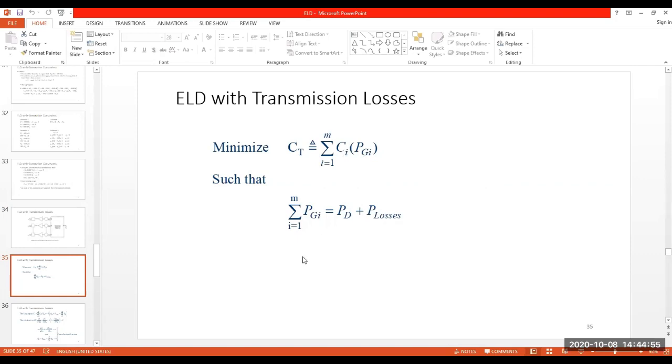Now we know how to tackle the limit issues: we have to apply the KKT conditions. In general, the most general case is that you consider these losses in the equality constraint, as well as some inequality constraints. But here I'm showing you the example where I'm not considering the limits, but I'm considering the losses.